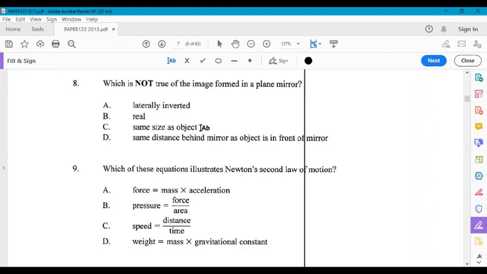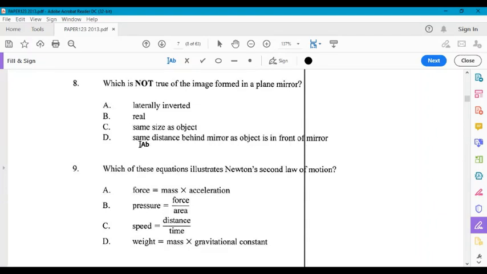For a plane mirror, when you look in a mirror, you are not bigger or smaller. Your image is not bigger or smaller than you, so you're the same size. When you move closer to the mirror, you notice you see the same effect with your image.